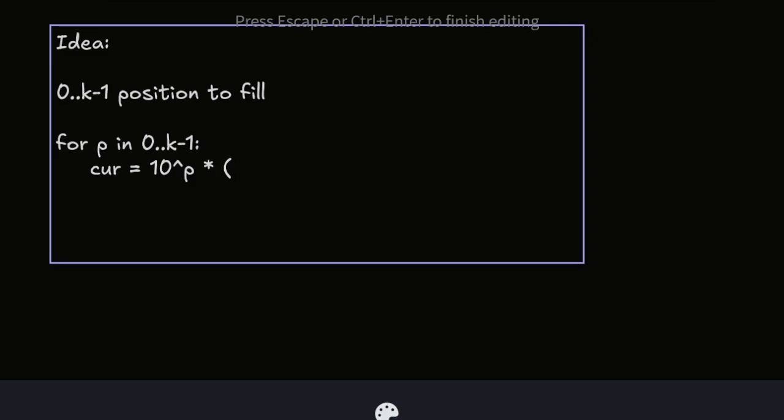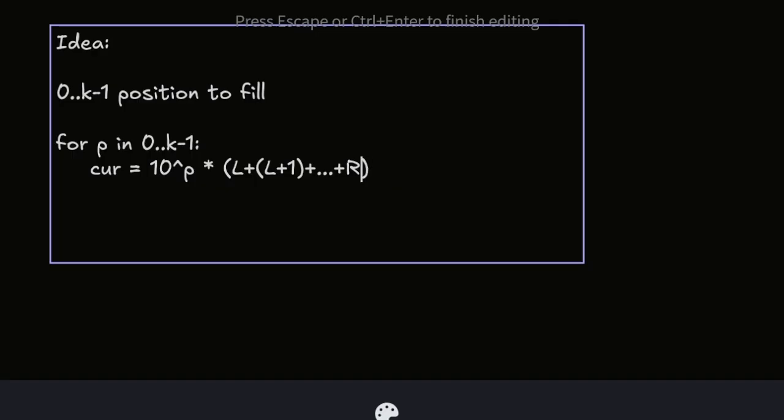And then, because of the constraint, we cannot pick any digit. We can only pick L or L plus 1 all the way to R. So because of that, we can just do a plus here, plus R. This is all the digits we can pick.